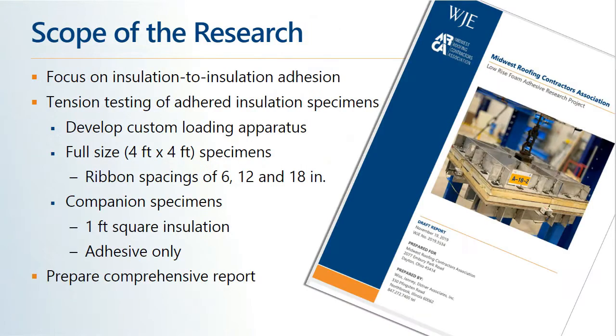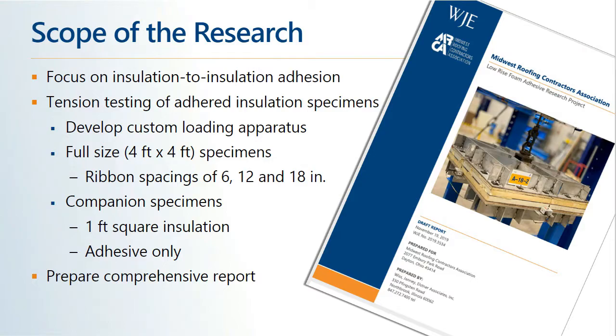So we met with the MRCA Technical and Research Committee, taking their information and then figuring out how to best address the problem statement that they came up with in their RFP. And so what we came up with was that we would focus strictly on insulation to insulation adhesion.